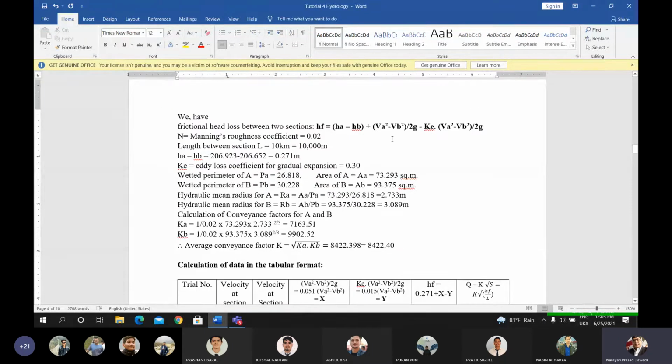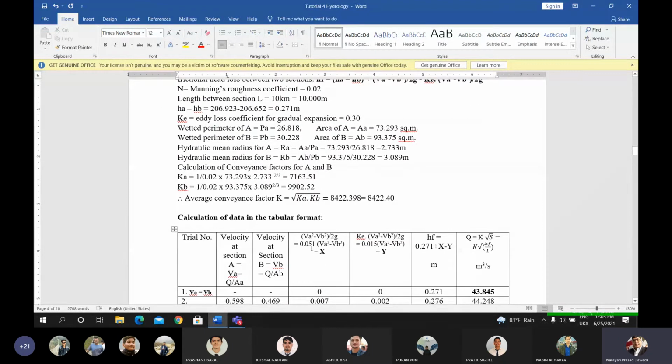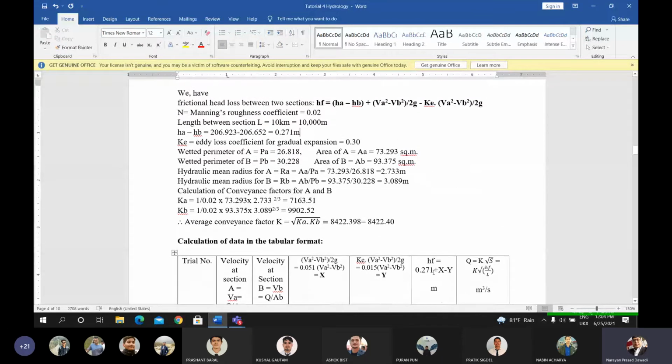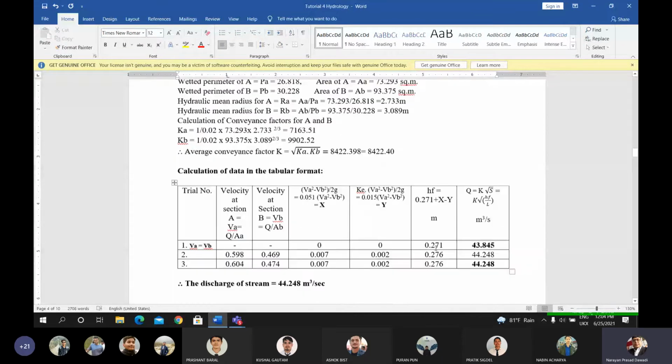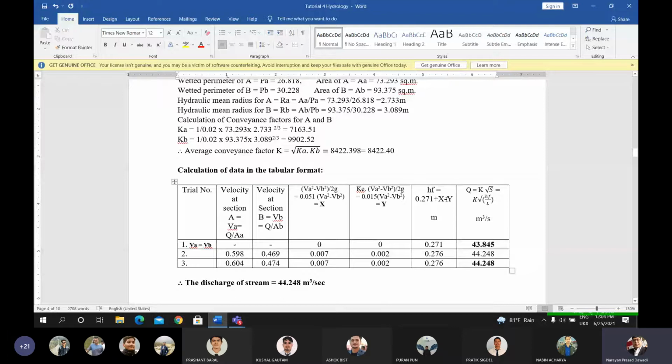So the value of X and the value of Y, where we consider VA square minus VB square by twice g as X and KE times VA square minus VB square by twice g as Y, reduce this equation to 0.271 plus X minus Y. Put the value of X as 0 and Y as 0 here. The frictional loss will be 0.271 meter. After finding the frictional loss, the discharge of the river can be calculated as K under root longitudinal bed slope of the river.